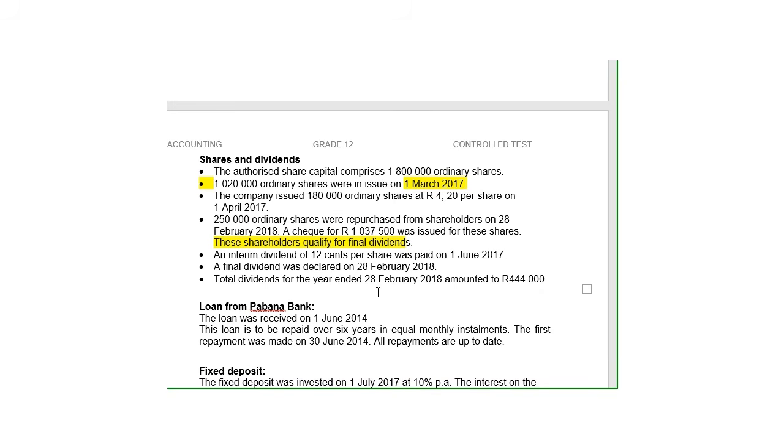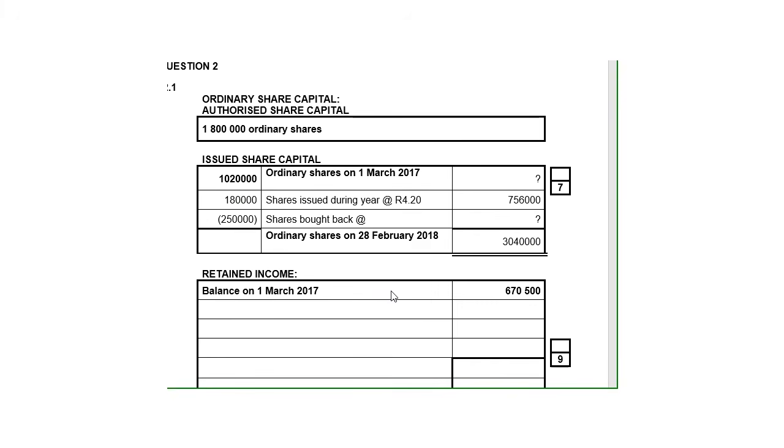Good, but let's see if they give me anything else. And then they talk about dividends, which I will use later on. So that is the only information I've got on share capital. This one I can calculate because I've got all the figures up there. So it's 1,020,000 plus 180,000 minus 250,000 gives me 950,000. So that bit is fine.